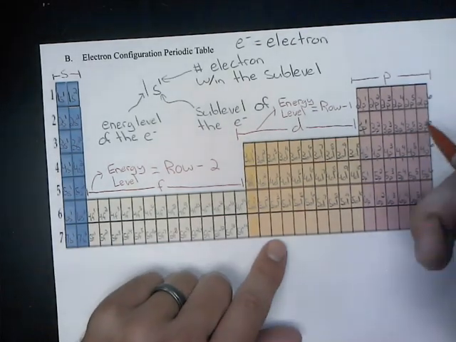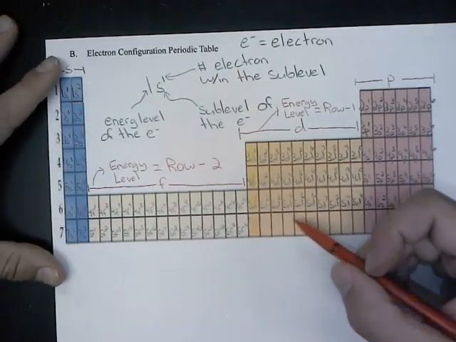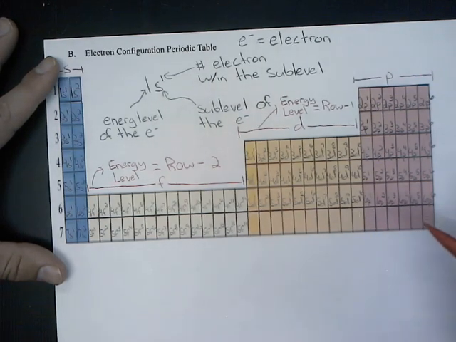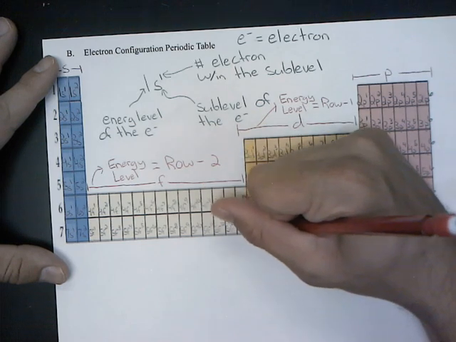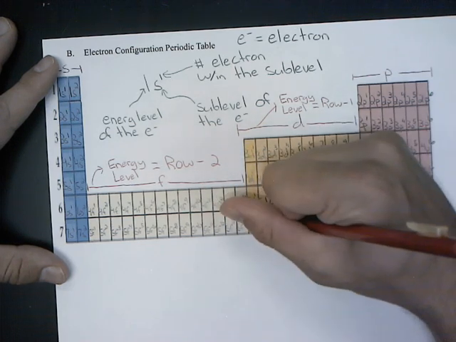Now, the energy level for the d sublevel is row minus 1. We're in the 7th row, so this would become 6d1 all the way over to 6d10.